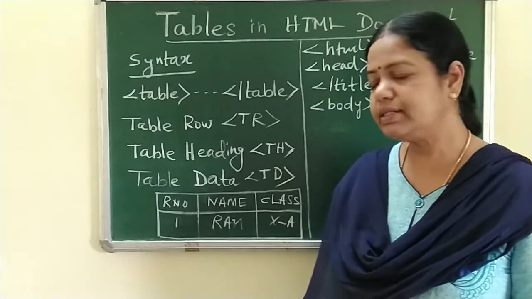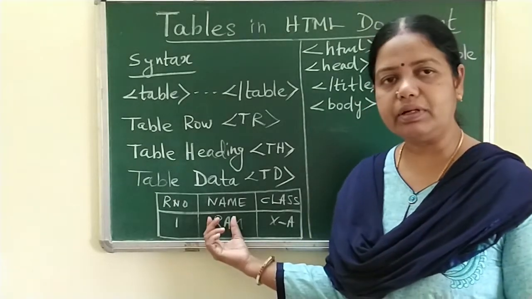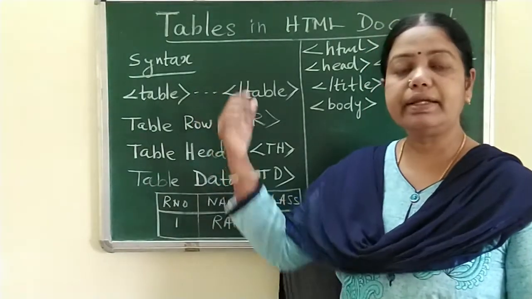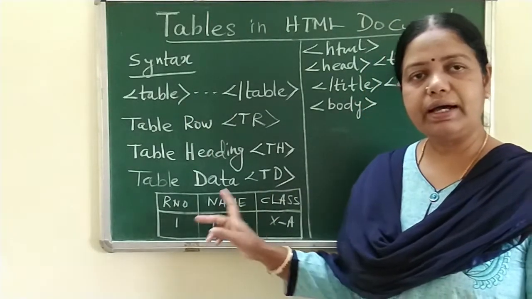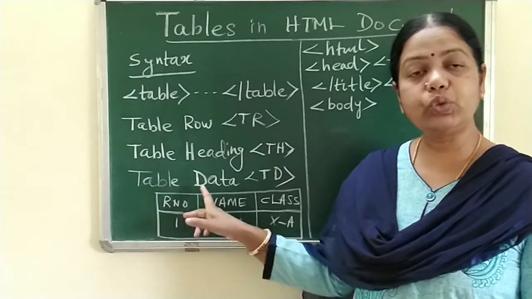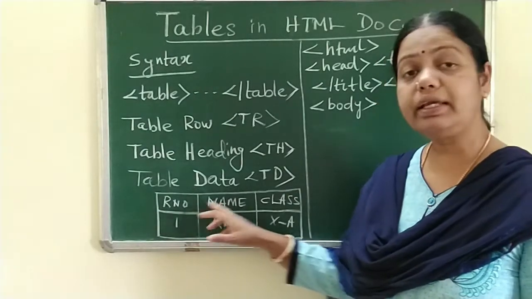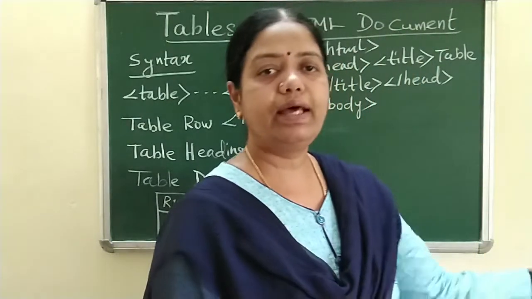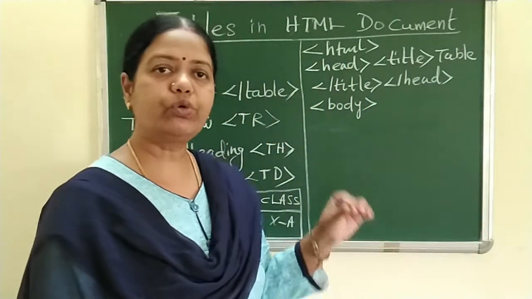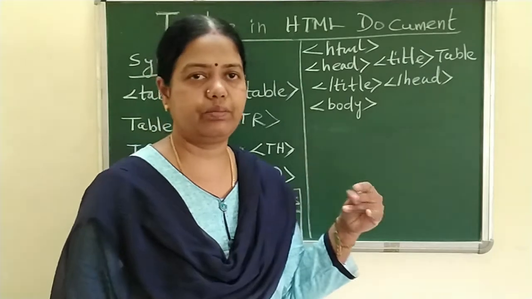Now let us create a simple table using these table elements. See here, a table contains 2 rows and 3 columns. Now we'll write the HTML program to create a simple table.